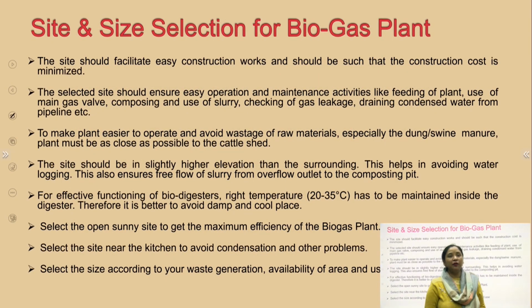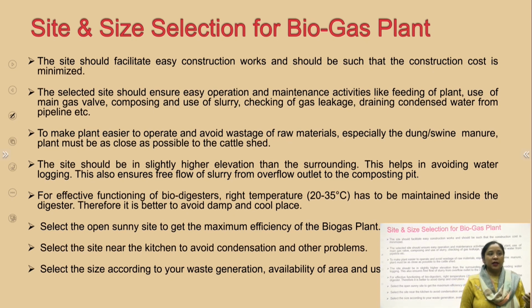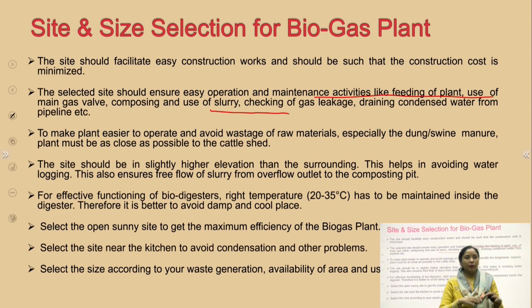Size and selection of biogas plant. The site should facilitate construction work and be such that the construction cost is minimized. The selected site should ensure easy operation as well as maintenance. It should be outside the city or village, so that easy operation and maintenance can be done, and if we have to drain things, there is no hazard in the locality.